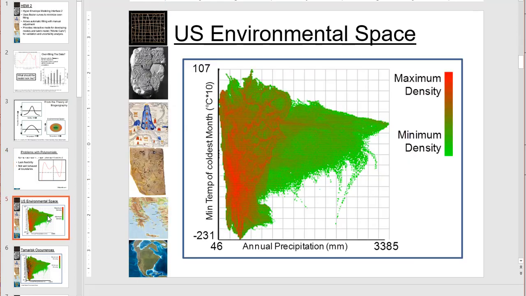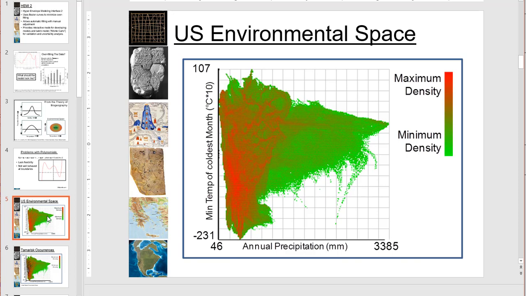If we take a look at the environmental space, this is a three-dimensional histogram of temperature and precipitation for the entire United States. In other words, you take the annual precipitation, which is millimeters of water on the bottom, so 3 meters max, and then on the other axis, temperatures in degrees C times 10, minimum coldest month, because again I'm looking at plants.